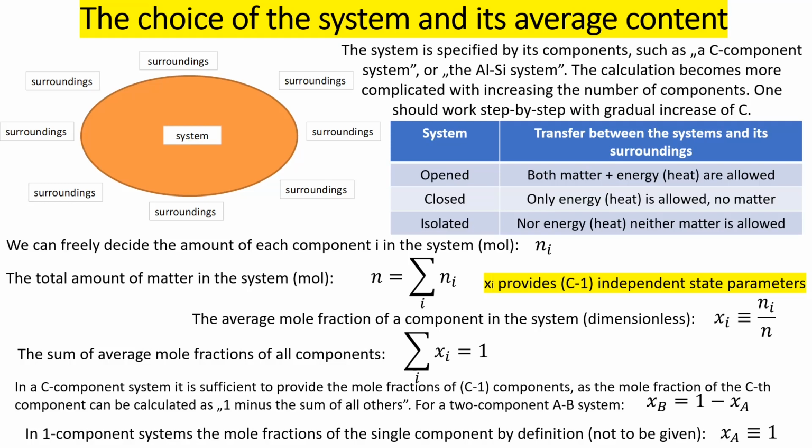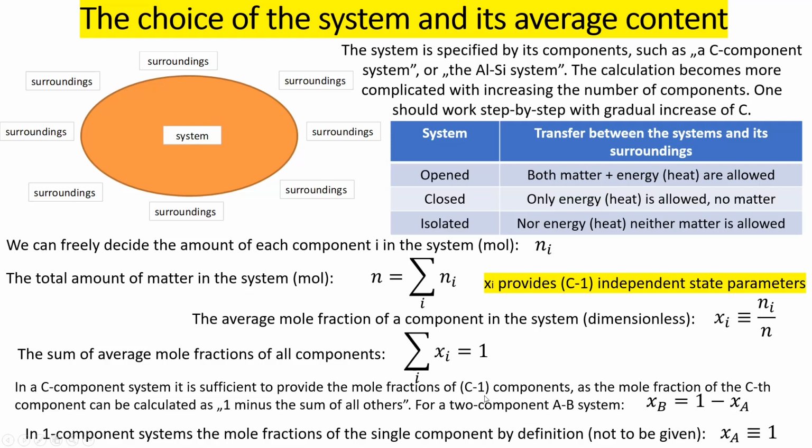And now we have an additional state parameter, because obviously the average composition will also have an influence on the equilibrium of materials. It can also be given by us, because it is me, the engineer, who can decide how much of A and B components I put into the system, and therefore the mole fractions will follow.